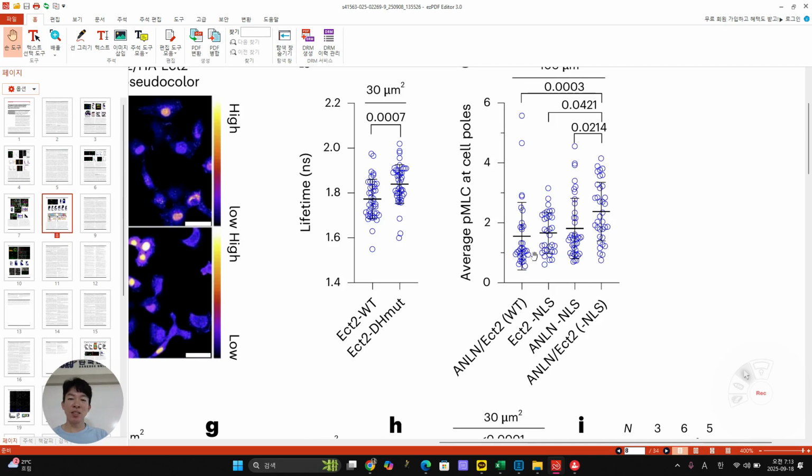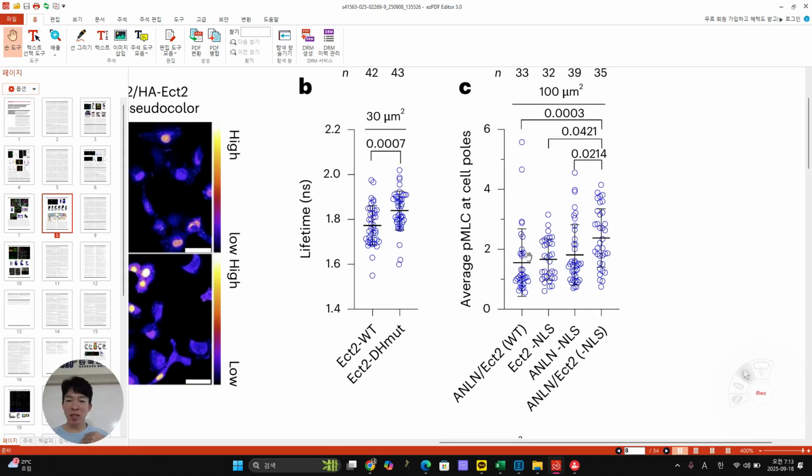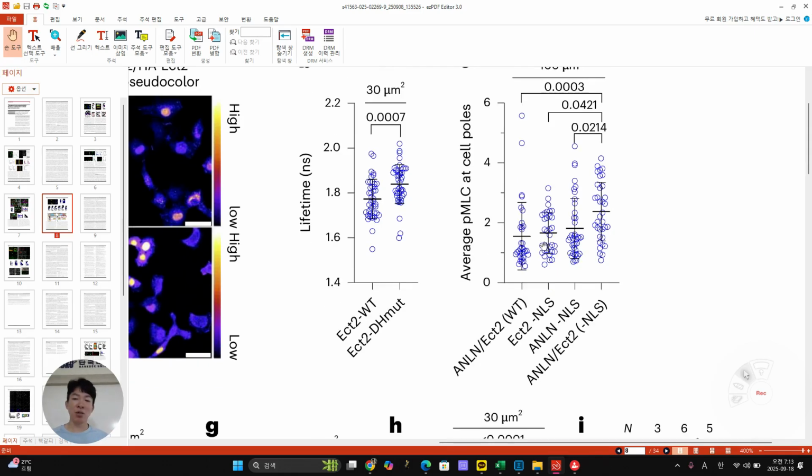Single and double, you can see gradually increasing pMLC. pMLC is myosin 2 activity, right? So they confirm that the presence of actual anillin in the cytoplasm can make more myosin activity.